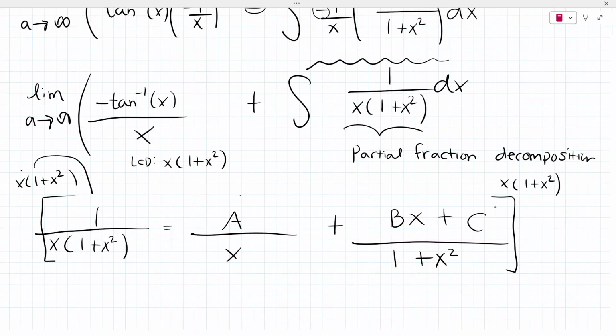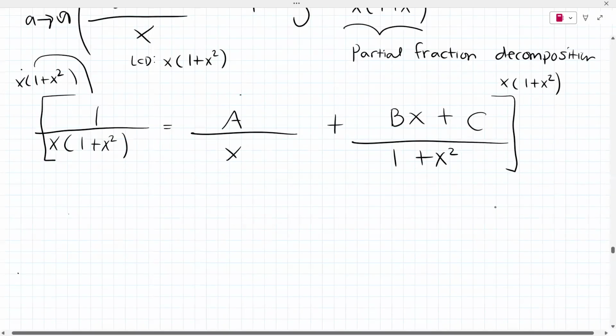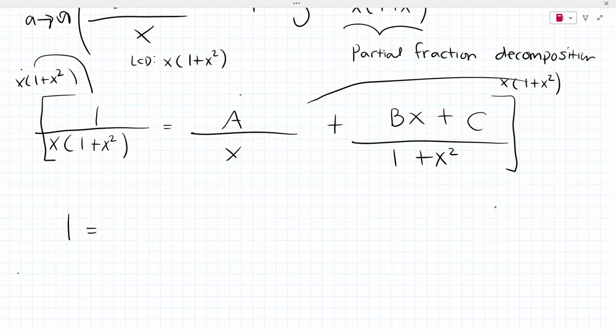This gives 1 on the left, and on the right, A times 1 plus x squared, plus Bx plus C times x, since the 1 plus x squared cancels.